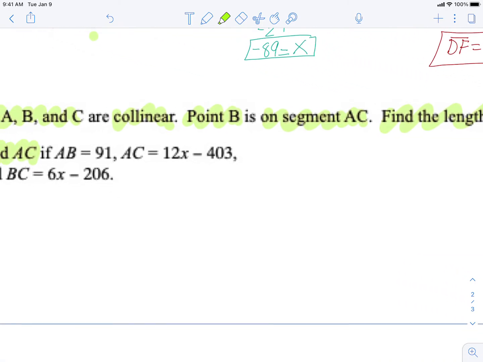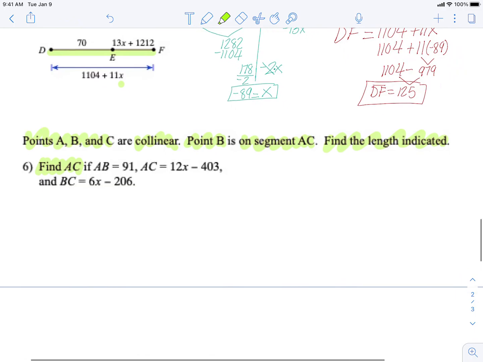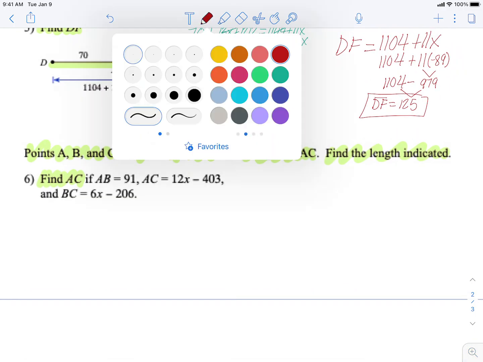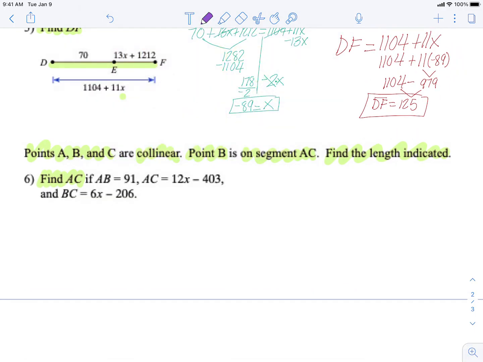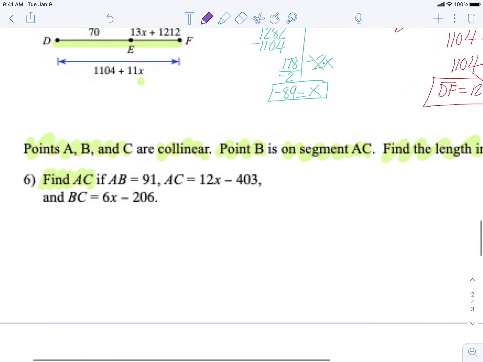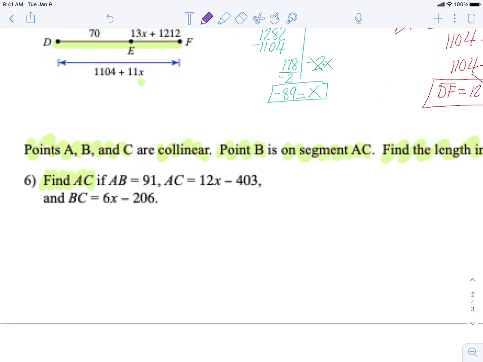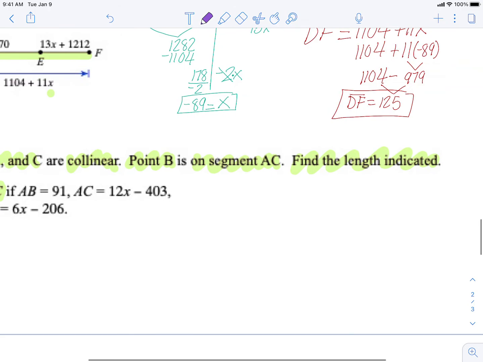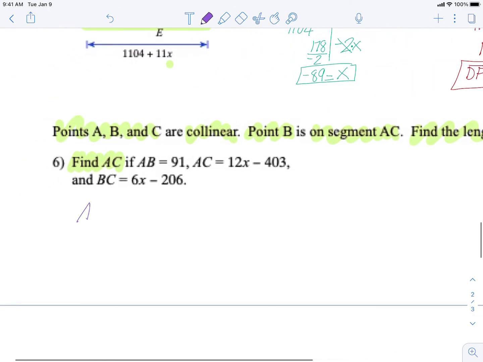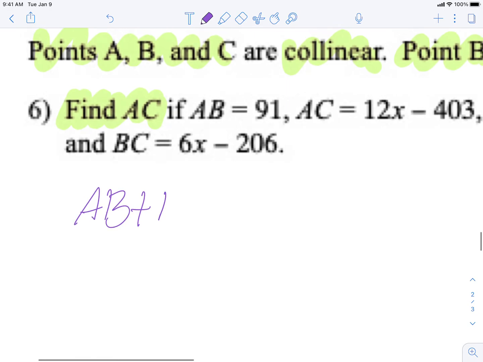So we need to find AC, right? But first, let's do our setup, right? So our setup is, B is between A and C. That means that AB plus BC is equal to AC, right?